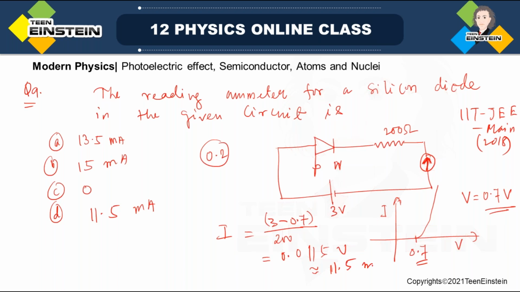So through the diode, or in the ammeter, you will see 11.5 milliampere. So the reading will be this.